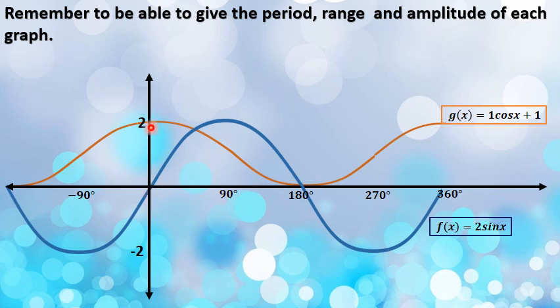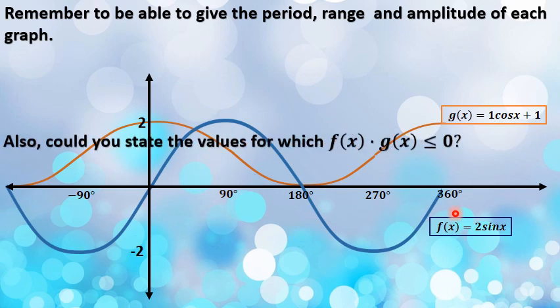The amplitude is super easy because that's just the number in front of the cosine or the sine x, and we've already found those equations, so it's obvious. The amplitude of g is 1, while the amplitude of f is 2.